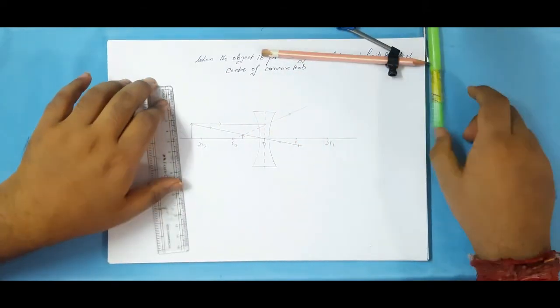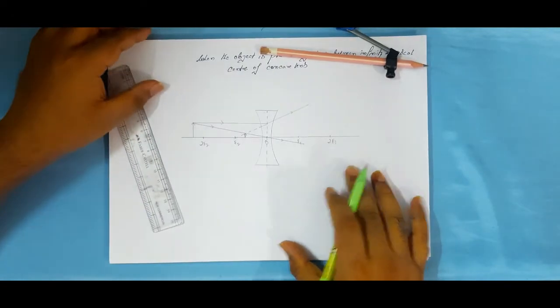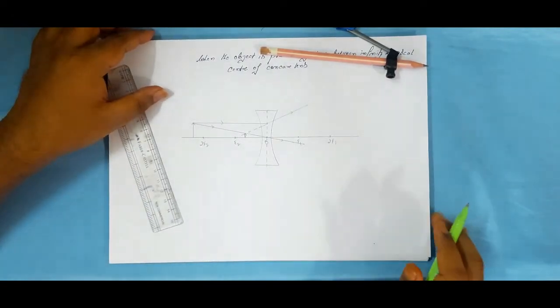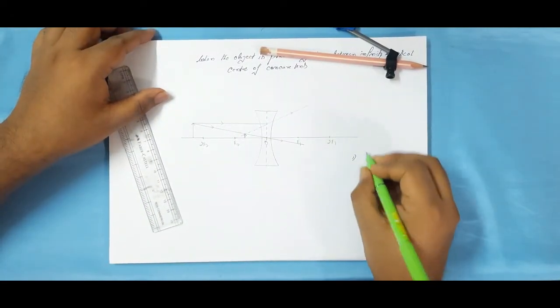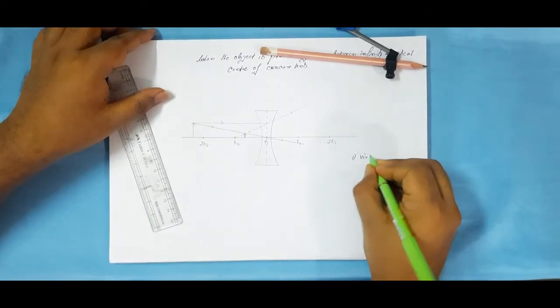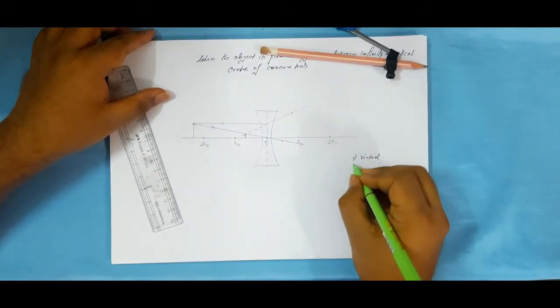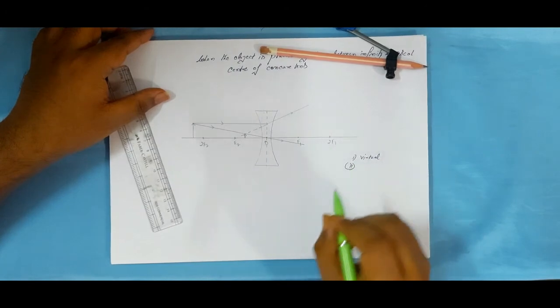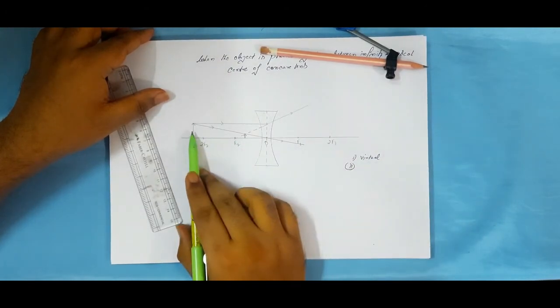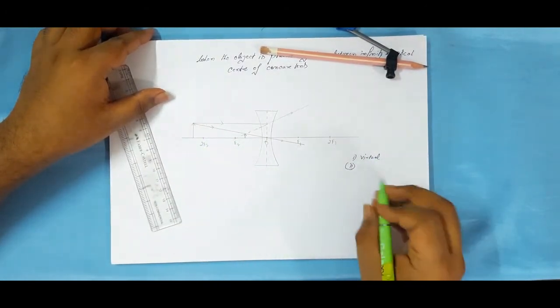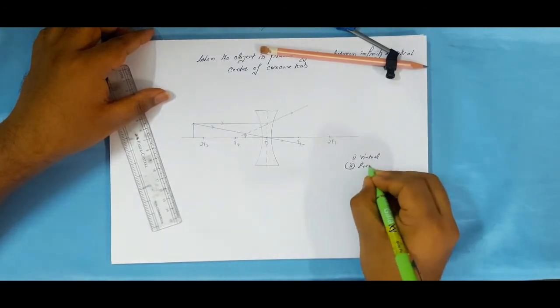Now the characteristics: number 1, since the object and the image are on the same side, we will say that it is virtual. Number 2, both are upright, image and object both are upright, that is the image is erect.